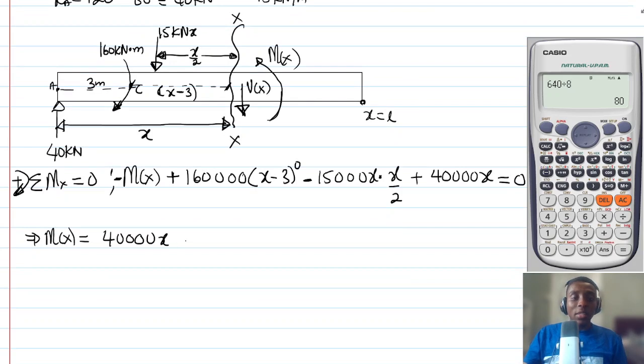And then I'll say plus 160,000 x minus 3 to the power 0, and then minus what? So 15,000 divided by 2, that is 7,500, isn't it? So 7,500, and then x times x is what? x squared. And then this is actually our moment function.